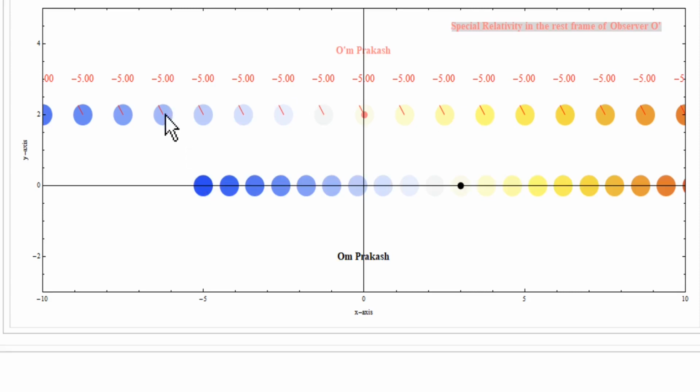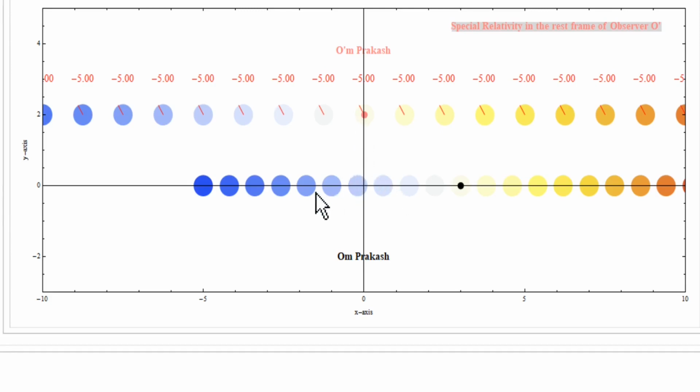The spacing between the observers on the train, which was a distance of 1 meter, you can see is actually larger than 1 meter. And when they look at the platform, it appears to be moving to the left at the same speed, beta is 0.6, but in the opposite direction.